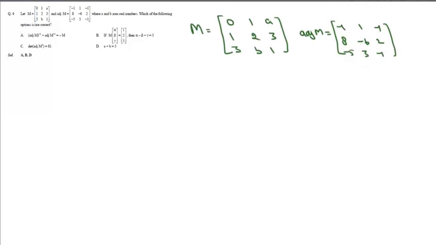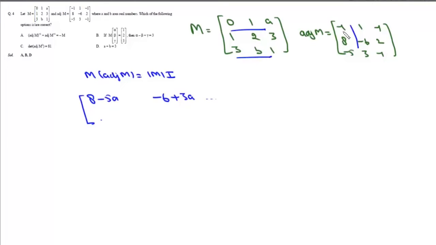Now first what we'll do is, we know that M into adjoint of M is equal to determinant of M into I. Now we find M into adjoint M. If we multiply, we'll get, now this is 8 minus 5A, here will be minus 6 plus 3A, and we won't write everything, we'll write this third one and first one.